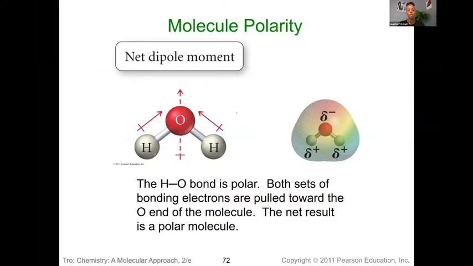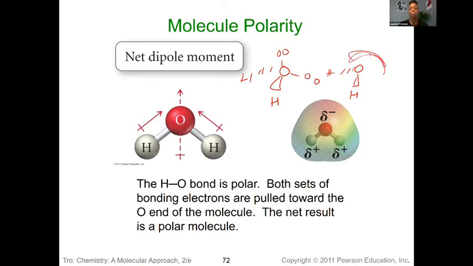However, take something like water, which ends up with those two bonding regions surrounding the central oxygen atom. If we think about the electron geometry here, there are two lone pairs, and then we have those hydrogens present. When we look at the molecular geometry, we don't have anything balancing out the pull on that side.